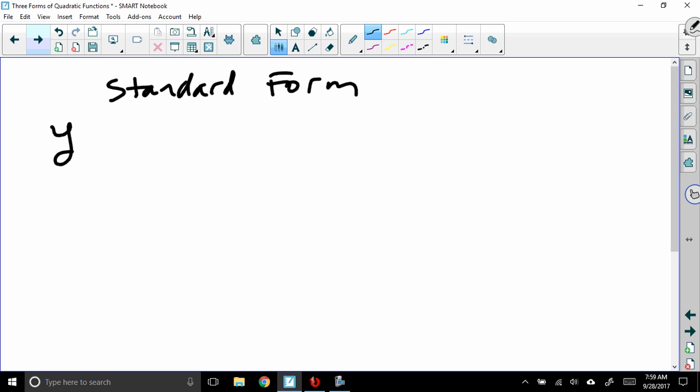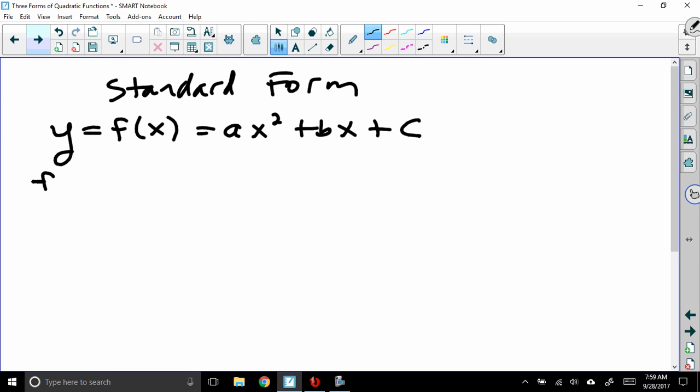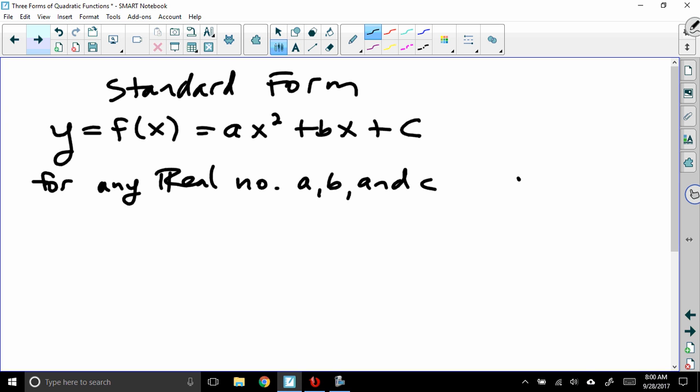of a quadratic says y equals, well actually y equals f of x, which equals ax squared plus bx plus c. So just like before, we're going to say for any real number a, b, and c, and again, a is not allowed to equal 0.